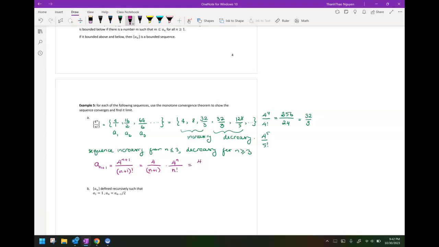So this is 4 divided by n plus 1 times a sub n. Okay. And this is less than or equal to a sub n if n is greater than or equal to 3. So the sequence is decreasing for all n greater than 3.